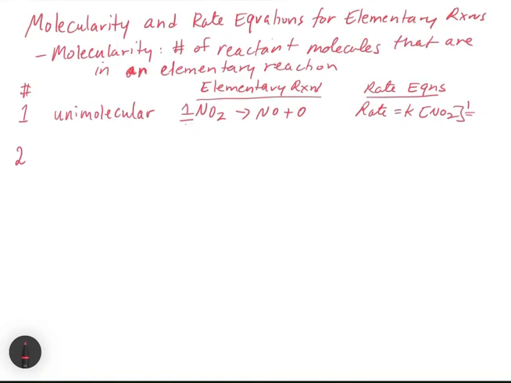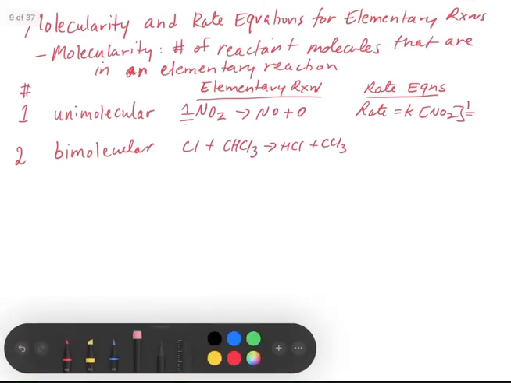So if we have two molecules coming together, this is what we call bimolecular. And an example of this would be Cl plus CHCl3 gives HCl plus CCl3. I think that's actually supposed to be CCl4, so let me correct that.